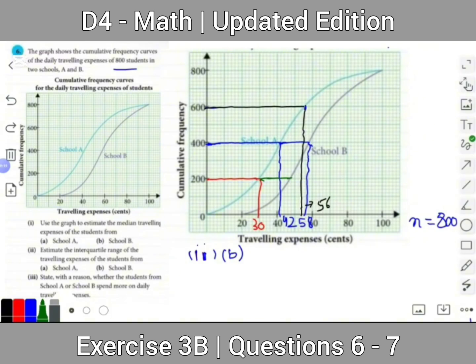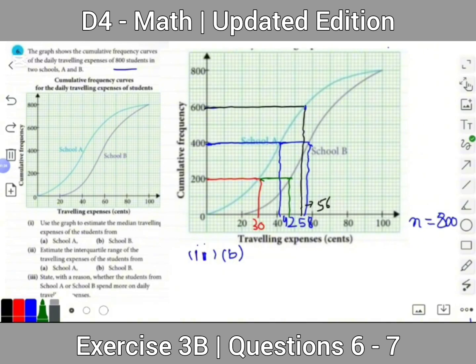Now from the point of intersection on the curve, we will draw a vertical line until it touches the horizontal axis. So here we have the values 40, 42, 44, 46 and 48.